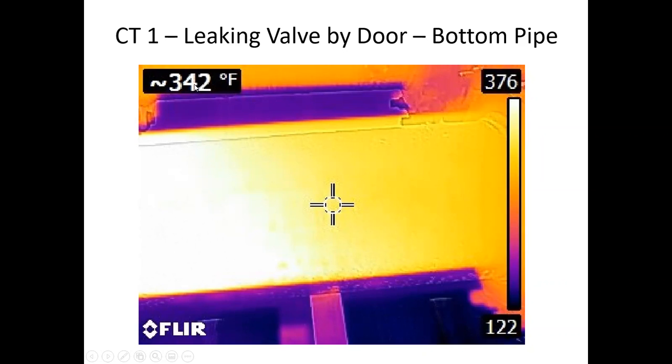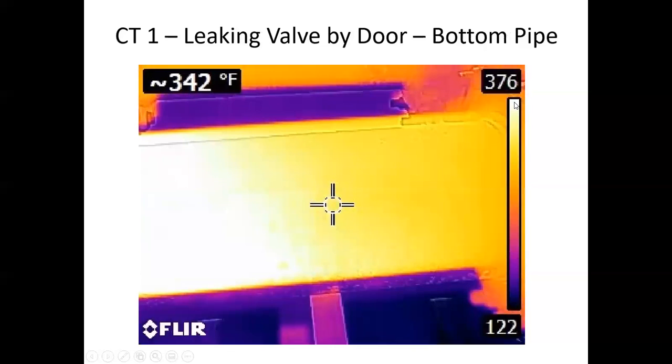You have to kind of guess the emissivity. It may be 5 or 10 degrees wrong, but if it shows 342 degrees, you don't want to put your hand on it. I promise you that. So it's pretty hot. Over in here, the white is 376. So it's pretty warm.